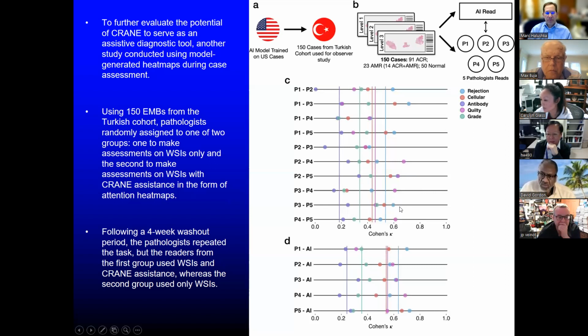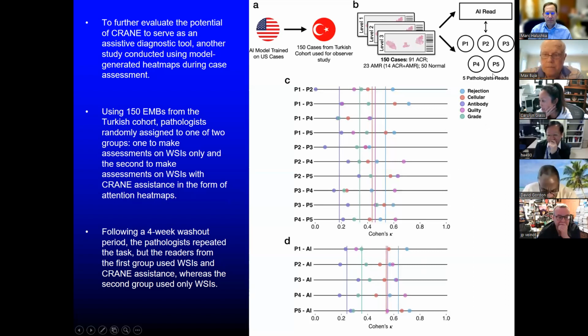But then if you are a pathologist and you're comparing yourself with what the AI gives you, the average kappa value is shifted. So there's better agreement there. For the purple antibody-mediated rejection, we did a little better, but that still seems to be the most problematic.